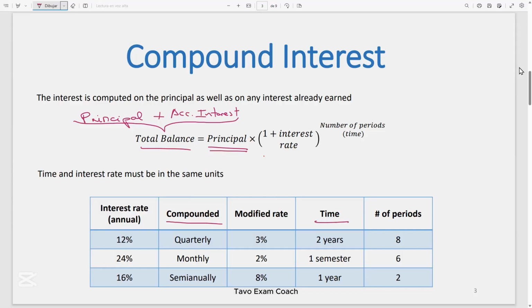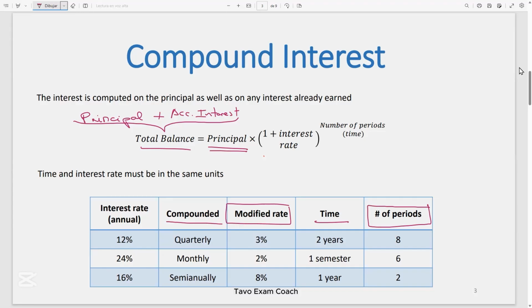Rather, we can use a simple rule. Try to use a modified rate and express the duration of the investment as a number of periods where the interest is generated and compounded. And the modified rate would also correspond to that frequency or period when the interest is compounded.